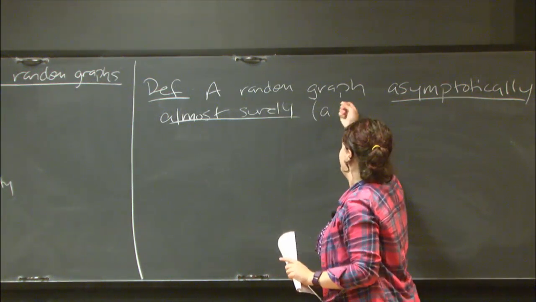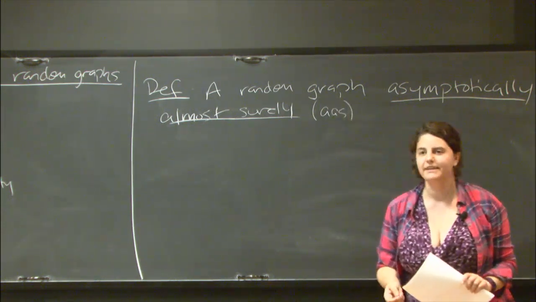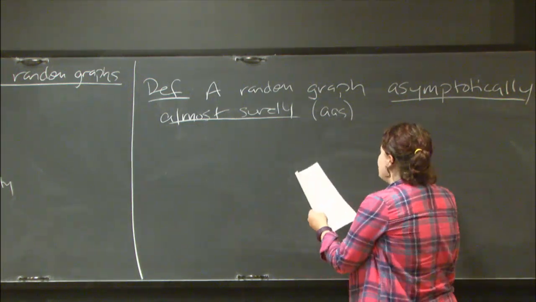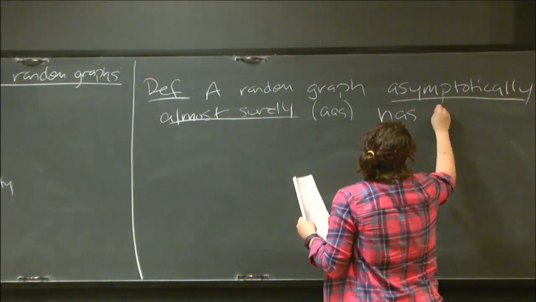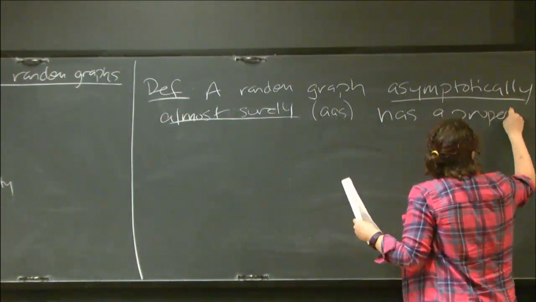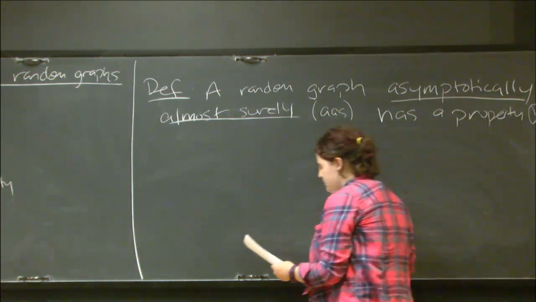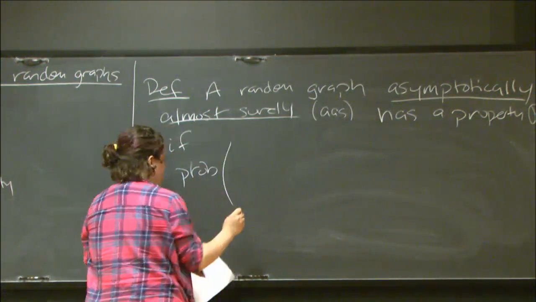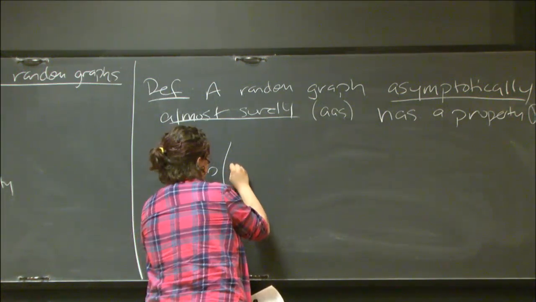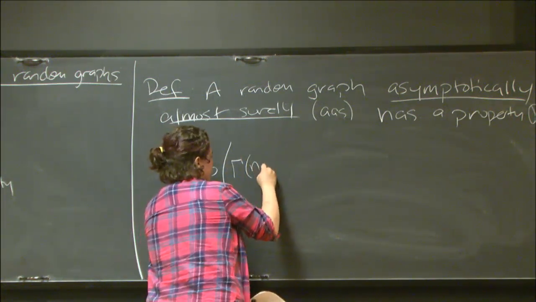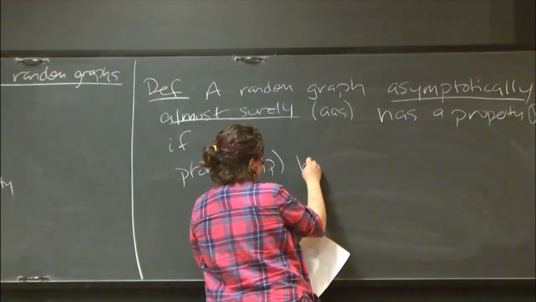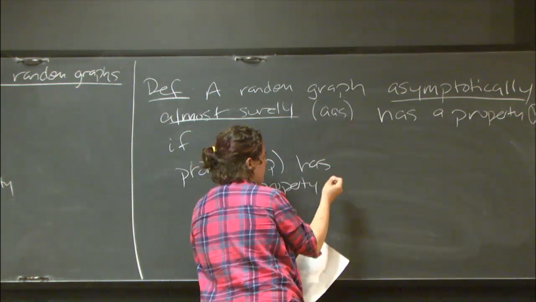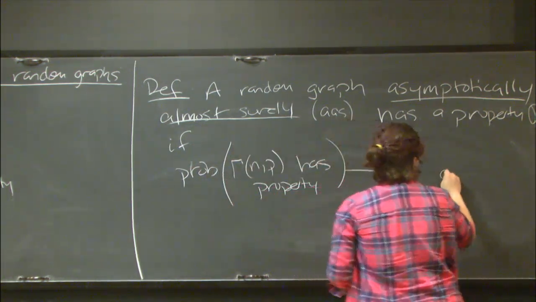I'm going to just write that as AAS for the rest of this talk, because that is a lot fewer letters than the entire thing. So it asymptotically almost surely has some property that we care about, a property P, if the probability that the random graph on n vertices with probability p has that property goes to 1 as n goes to infinity.